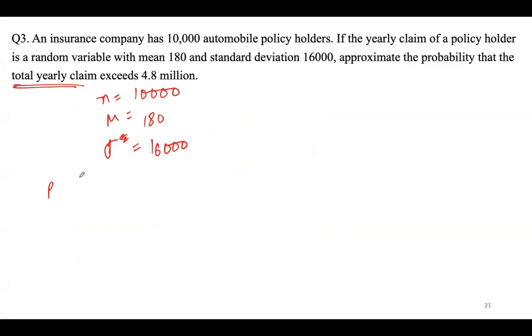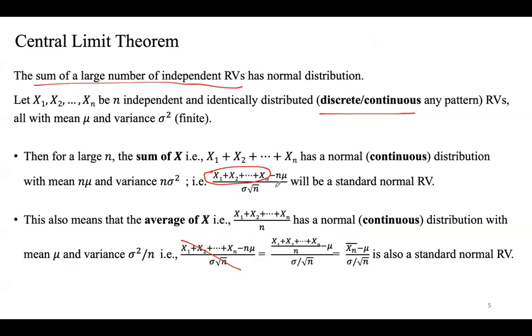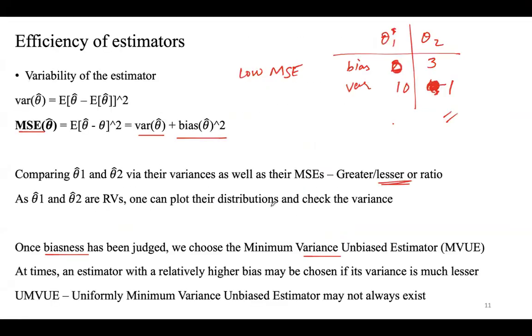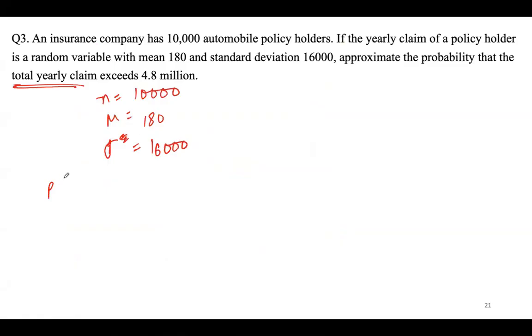Right? So now we are going to use this part: minus n mu divided by sigma root n. Okay. Anyway, we want to see that it exceeds 4.8 million, and million means 10 to the power 6.